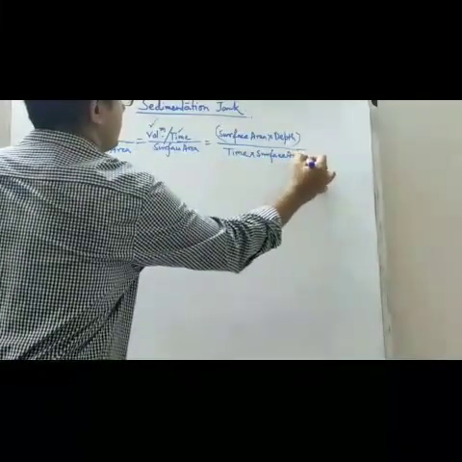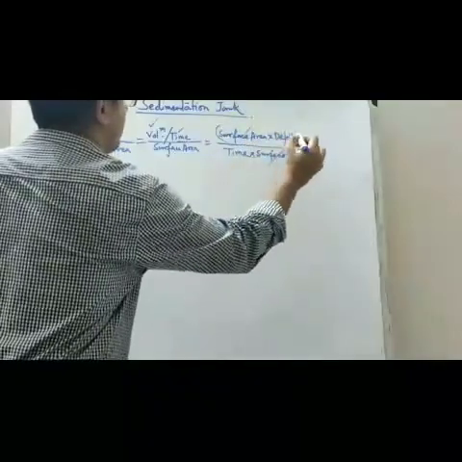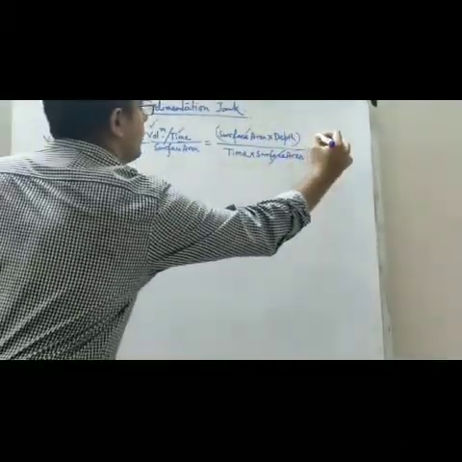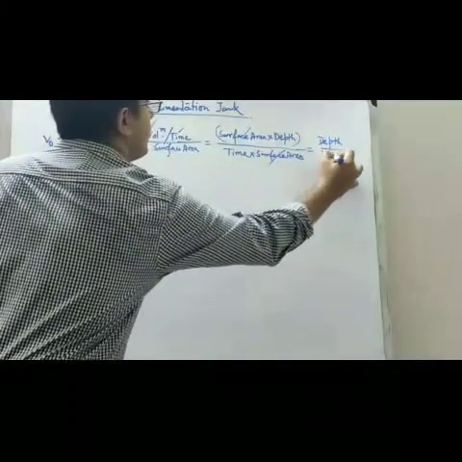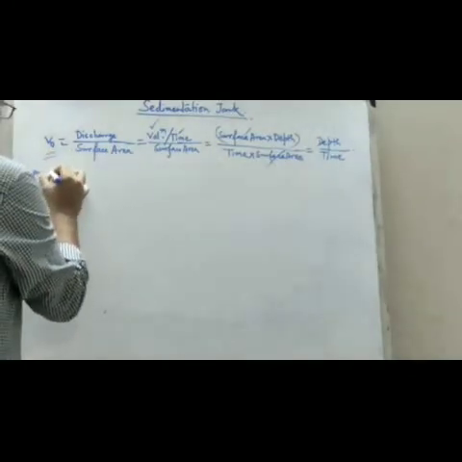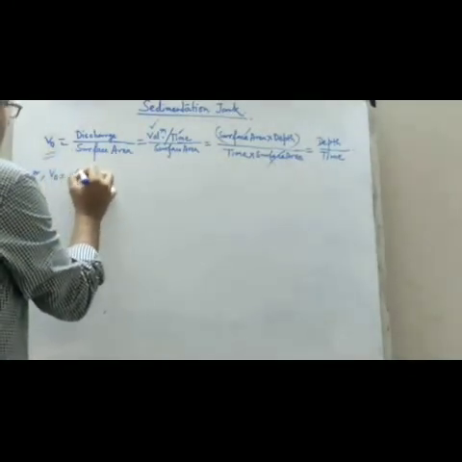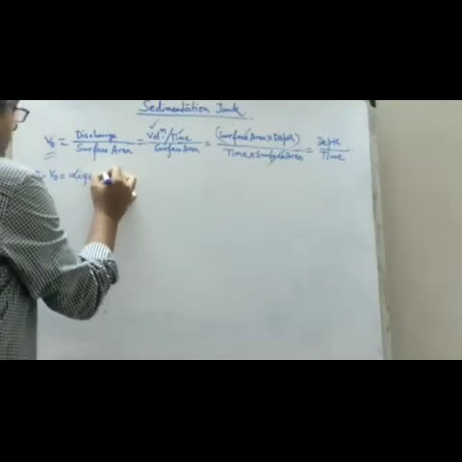We can easily cancel the surface area. So V0 means depth by time.